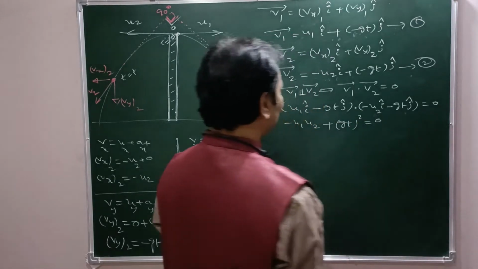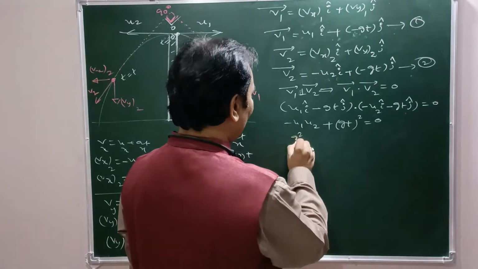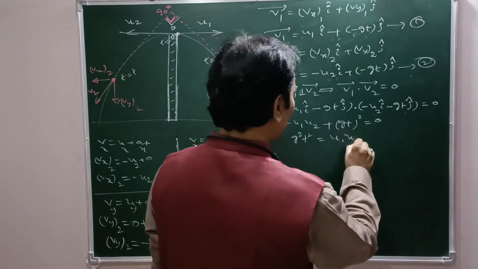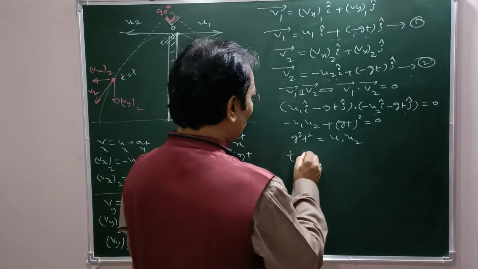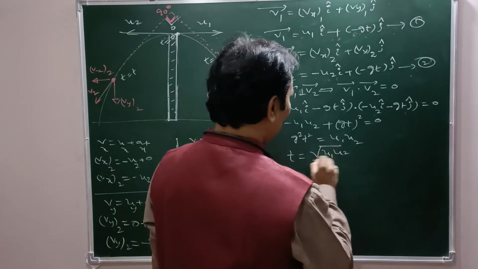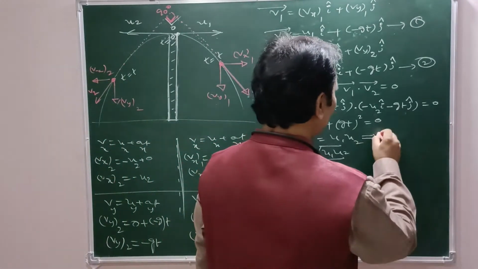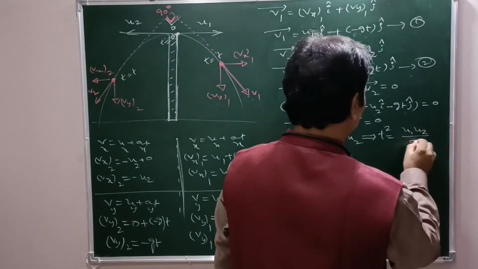equal to 0. Right? So g square t square equals u1 u2. So t square equals u1 u2 by g square.